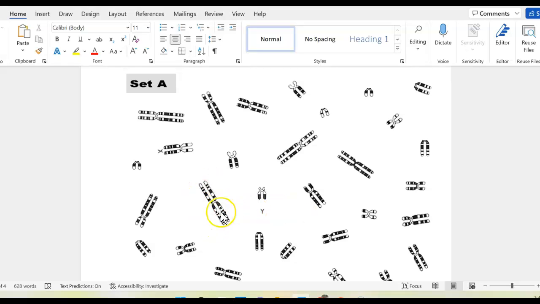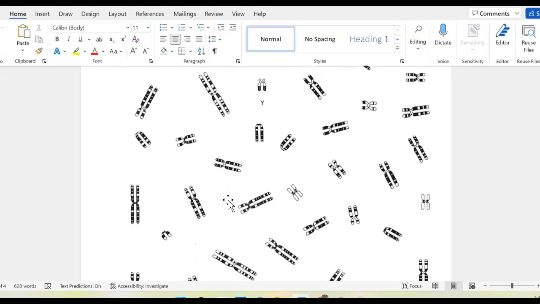Okay, so find the pair for this one, say right here. Once you get your pairs, you're going to put them in order from biggest to smallest. So the largest chromosome, let's just say it's this one, this would be chromosome number 1. And so you would have this chromosome in the number 1 spot plus its matching pair.